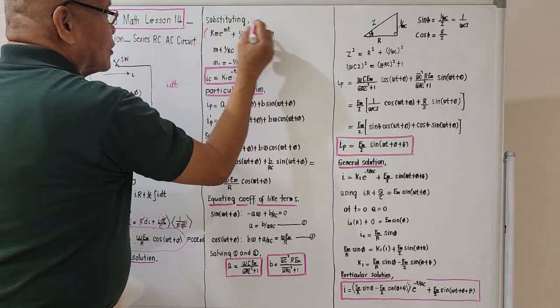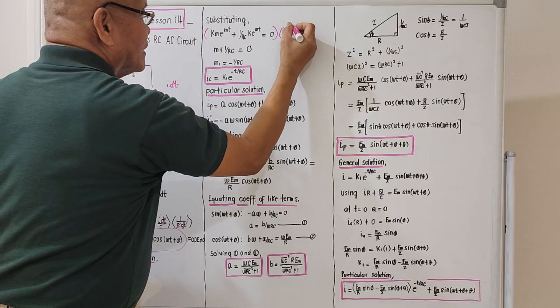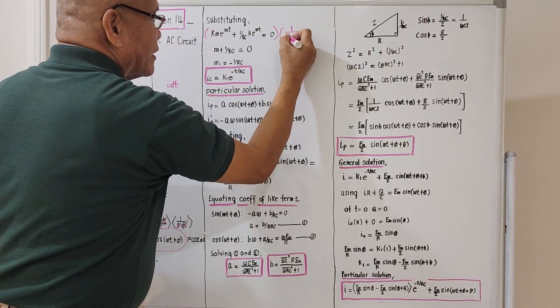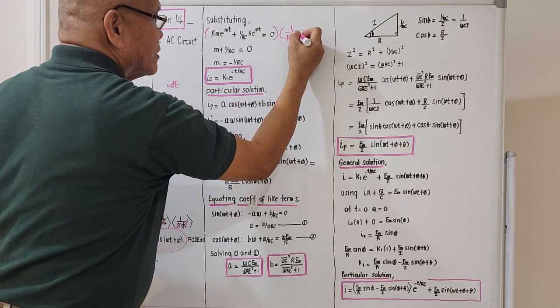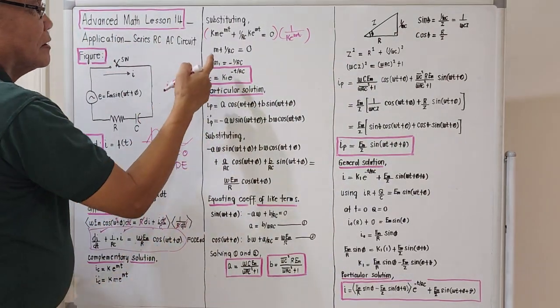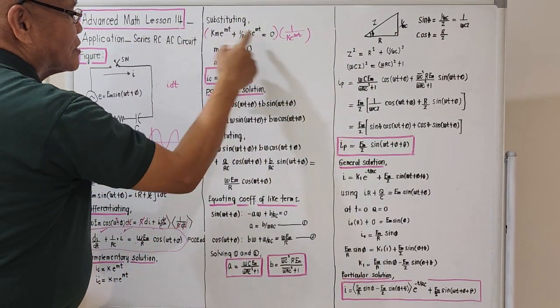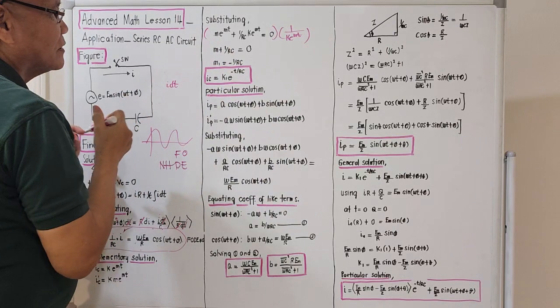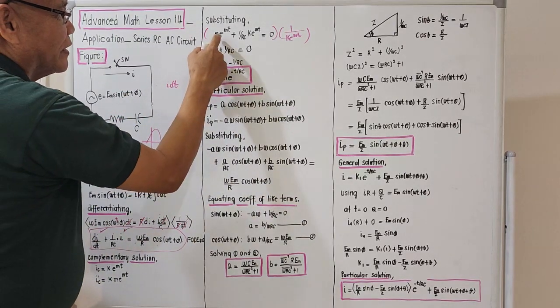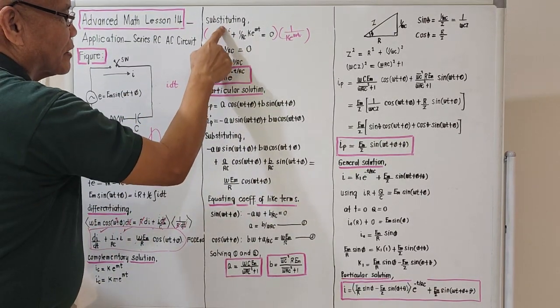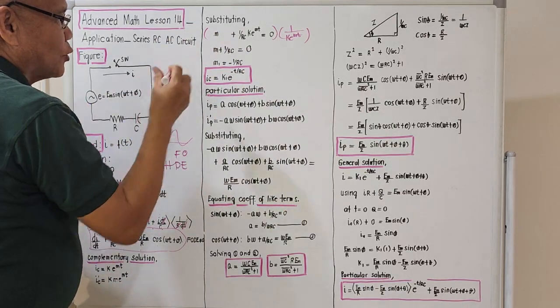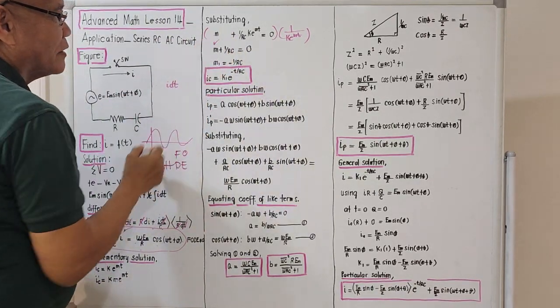If we multiply all the terms by 1 over k e raised to mt, in the first one the k will disappear, and e raised to mt will also disappear. So what remains on the first one will be simply m.